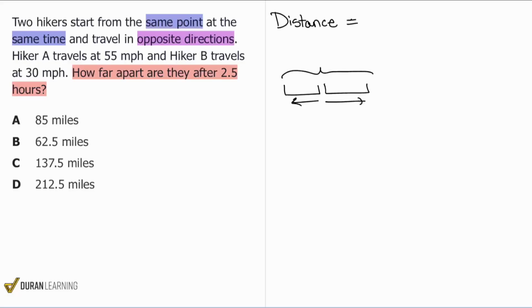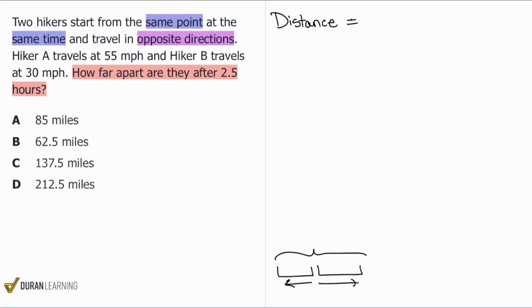And because we can add up the distances in this case, because they're moving at the same time, we can actually go ahead and just add those rates together too. That would save us a ton of time, but I'll show you both ways to make things nice and easy. So number one, let's calculate each of the distances. I'll do distance A, and then I'll do distance B. So for distance A, I'll just go ahead and grab that 55 miles per hour, and I'll multiply it by 2.5.